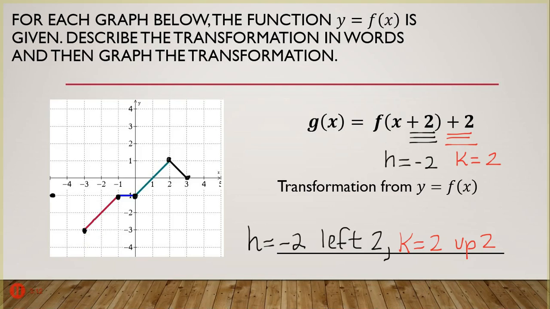This point has been transformed. So now let's do the same thing with our second point. Left 2, up 2. Repeat. Left 2, up 2. Left 2, up 2. And left 2, up 2.